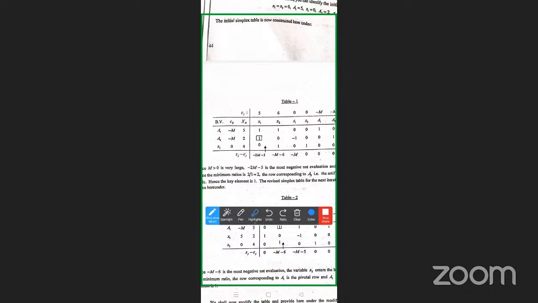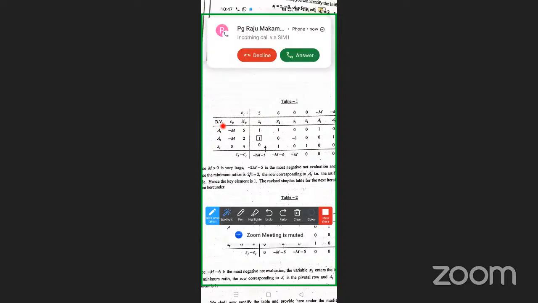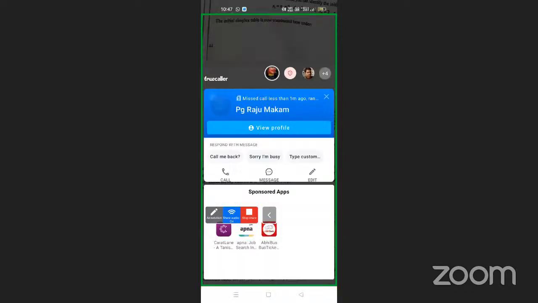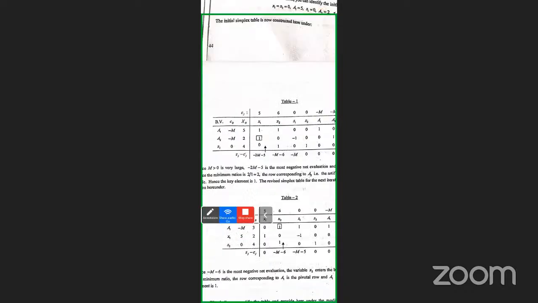Next, simplex table, table 1. So the basic variables: artificial variables are always basic variables, a1 a2. So these two are basic variables.